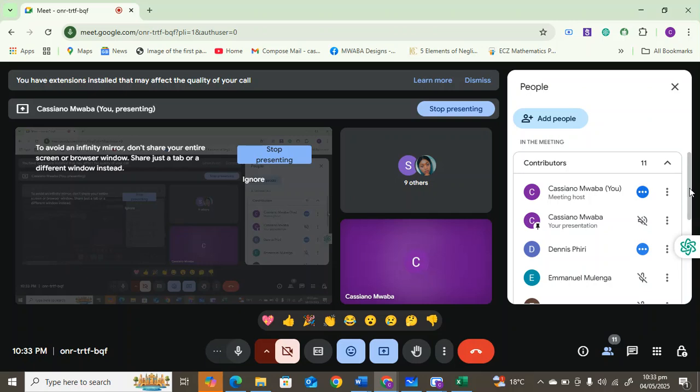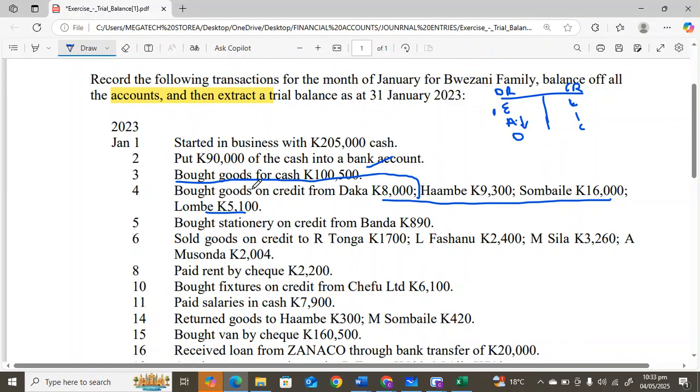Ask, sir. Debited. Yes. You're talking about this transaction where we purchase goods on credit. Okay. Anybody to help Mr. Dennis here?